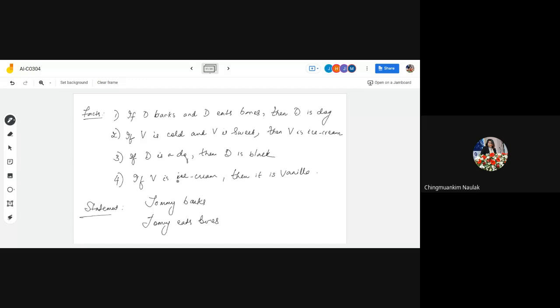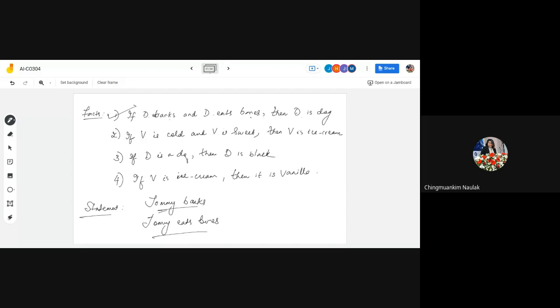So now how will you do it? From fact 1, it is clear that if you substitute D as Tommy, if Tommy barks and Tommy eats bones, then Tommy is a dog, right? These are the given: Tommy barks, Tommy eats bones.